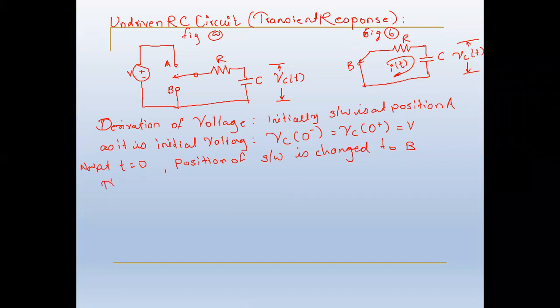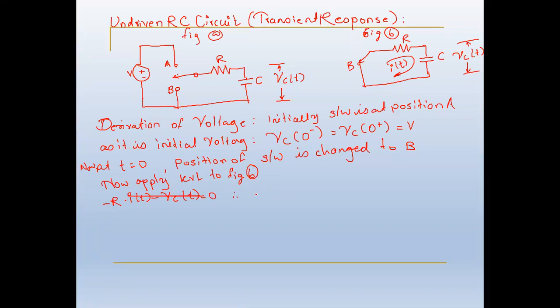Now apply KVL to figure B, the circuit B. If we apply it, what we will get is minus R into I of t minus Vc of t is equal to 0.